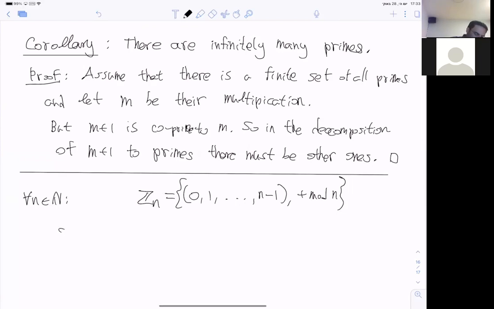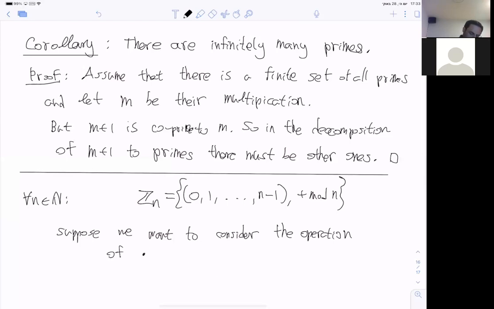So suppose we want to consider the operation of multiplication modulo n with elements. These are classes.